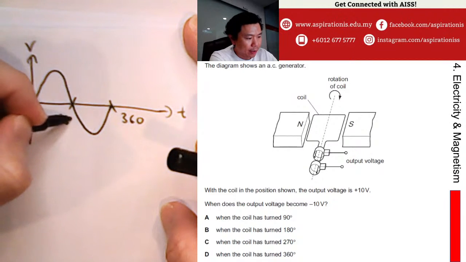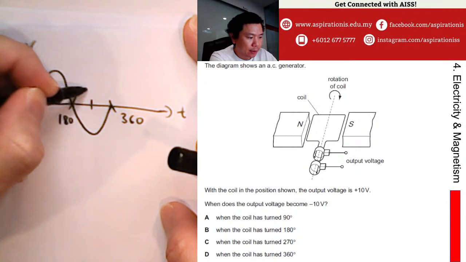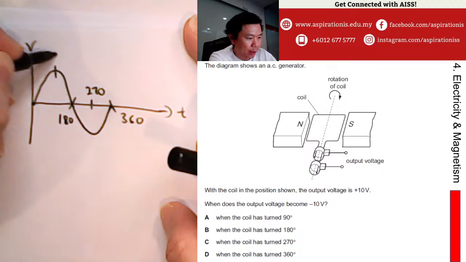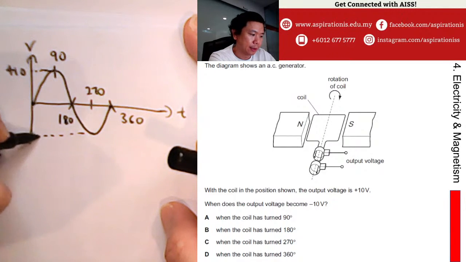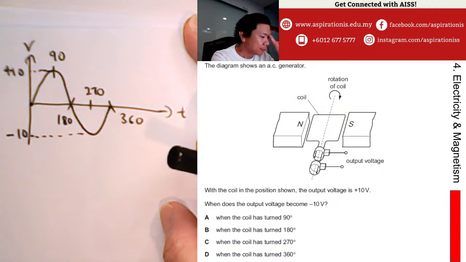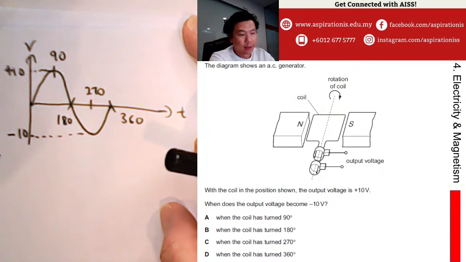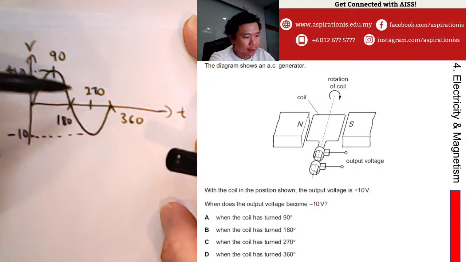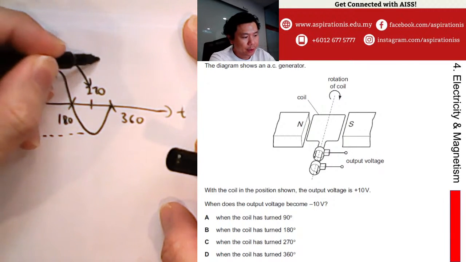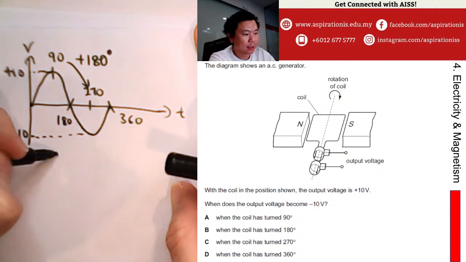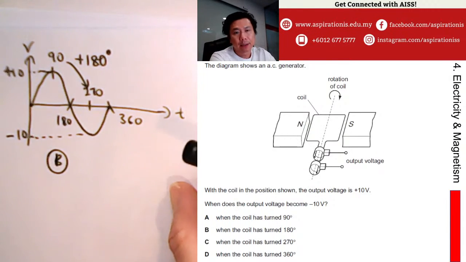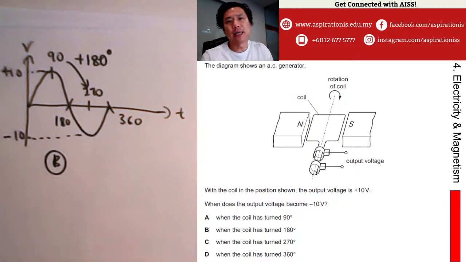So, this is 180, this is 270, and this is 90. So, this is positive 10, and this is negative 10. So, 90 to 270, that is 180 degrees. So the answer is B.